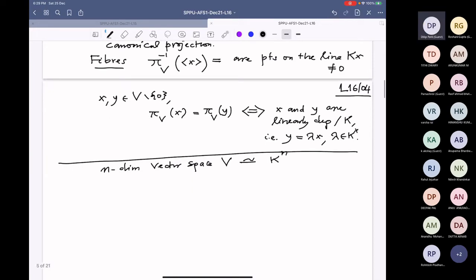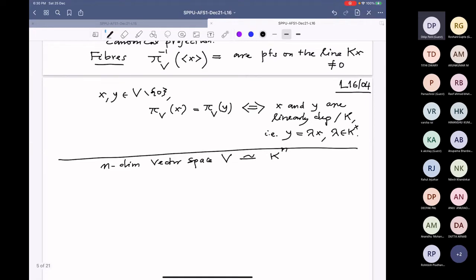Now if I want to explain this in terms of coordinates, I will choose a basis e1 to en, the standard basis, and that non-zero x will correspond to a point here, usually denoted with the coordinates a1 to an. That means we have written this corresponding to x. This is also written as a1 e1 plus ... plus an en. And these a1 to an are coordinates with respect to the standard basis. That is how we use the standard coordinate system.